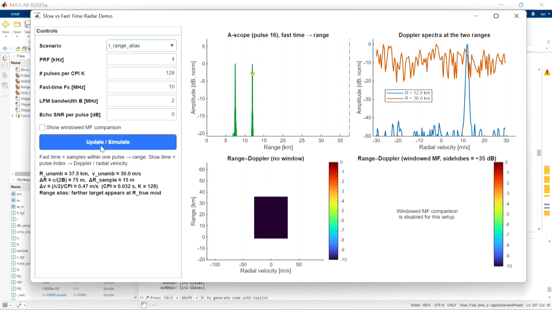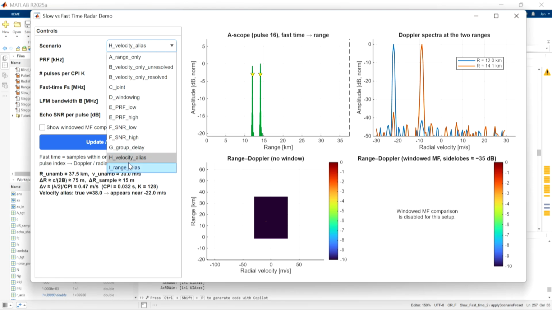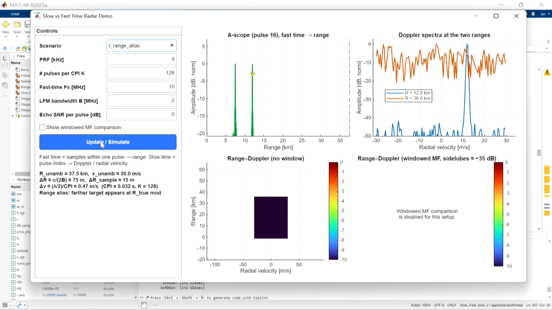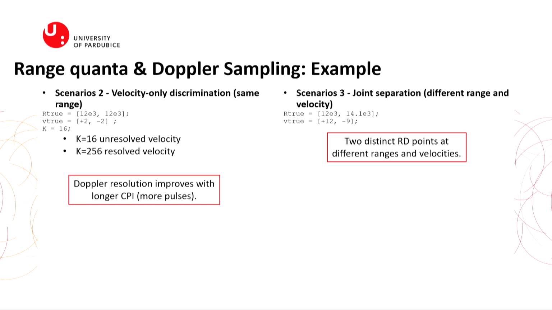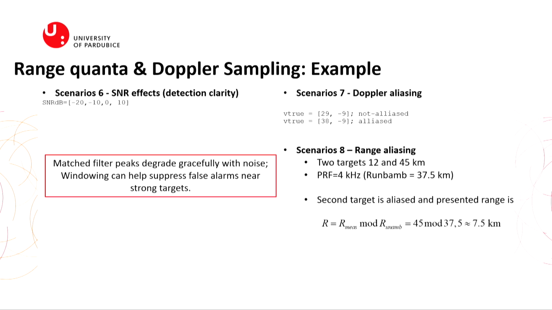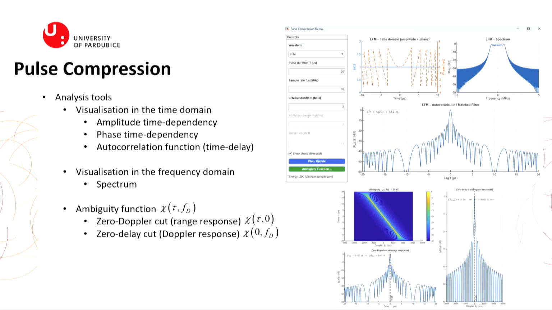And range aliasing is something similar. It will again be aliasing of range. So these are just a few presets. Everything you have already discussed in scenarios.